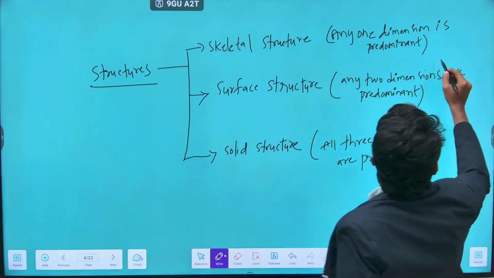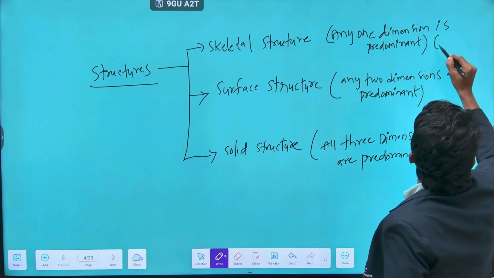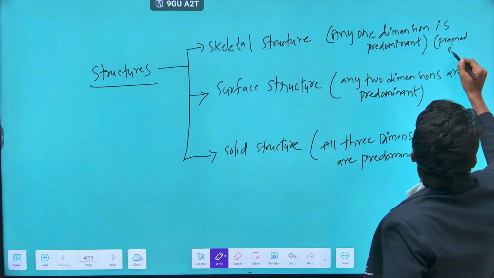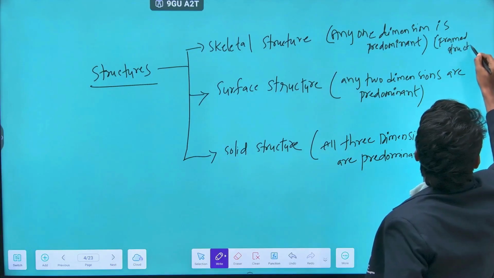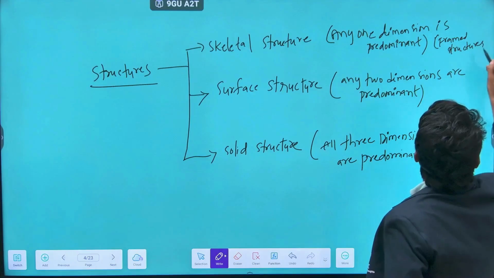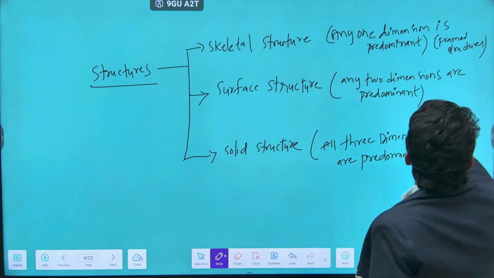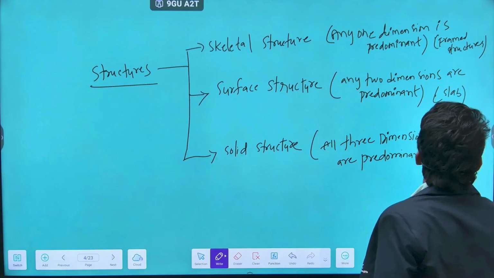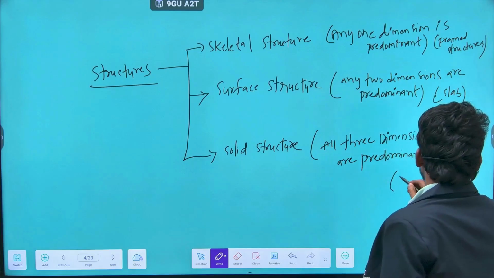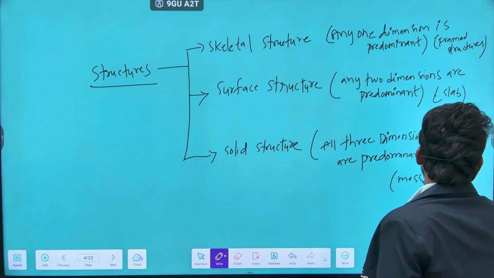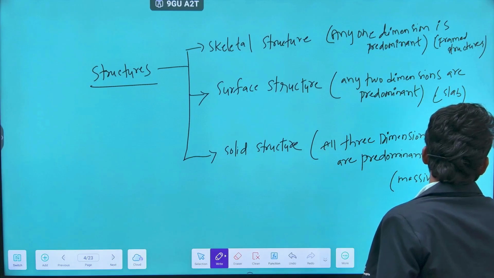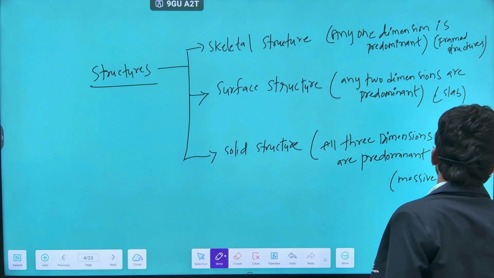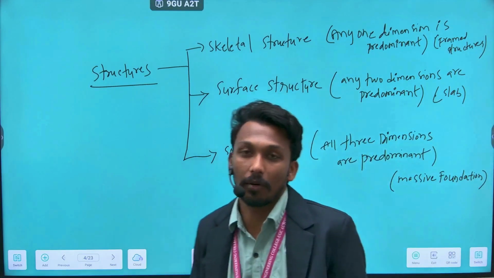So if you take the examples here, framed structures for skeletal, a slab for surface, and a massive foundation for solid, where all the three dimensions are predominant.